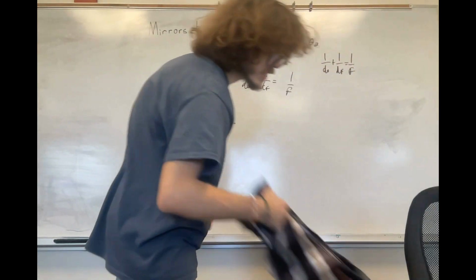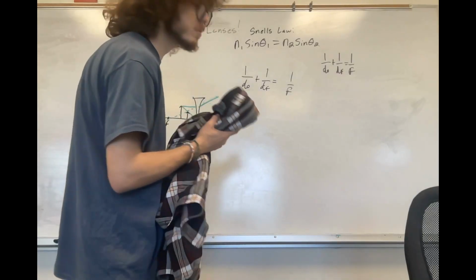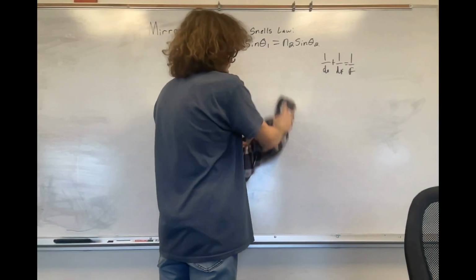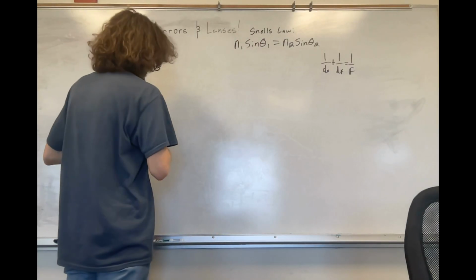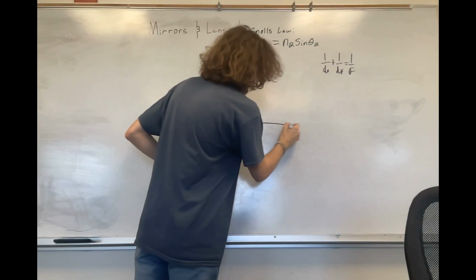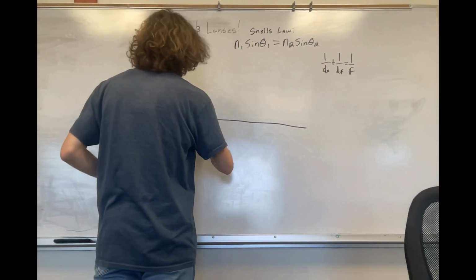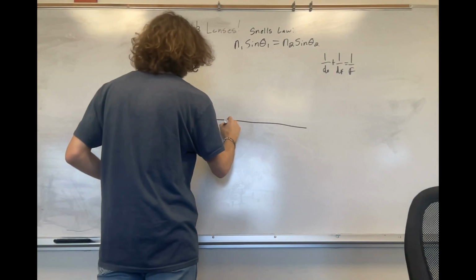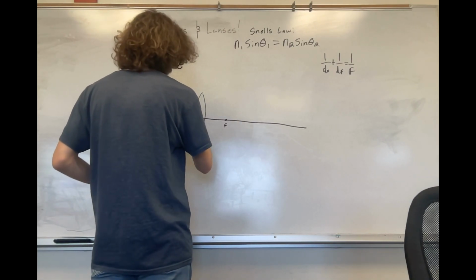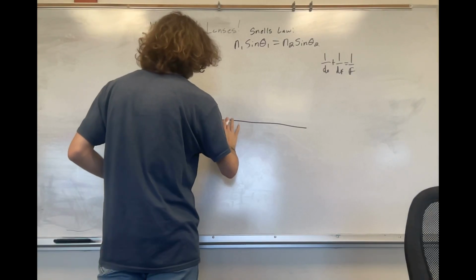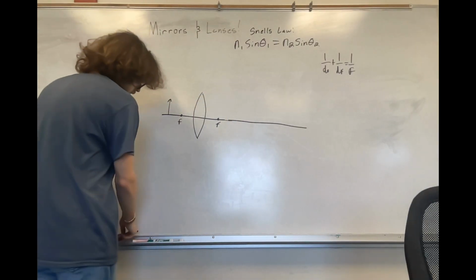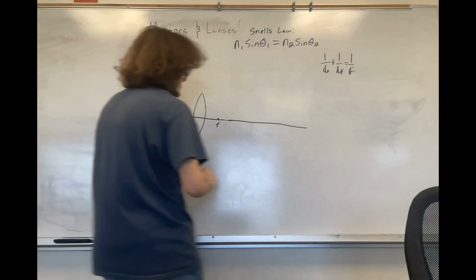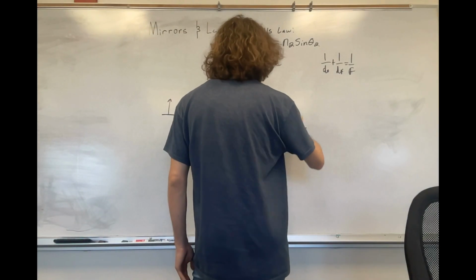So this idea comes from, what if I have multiple of these components put together? Let's, for example, take two lenses. Let's say we have something like this, and then we also put another convex lens.